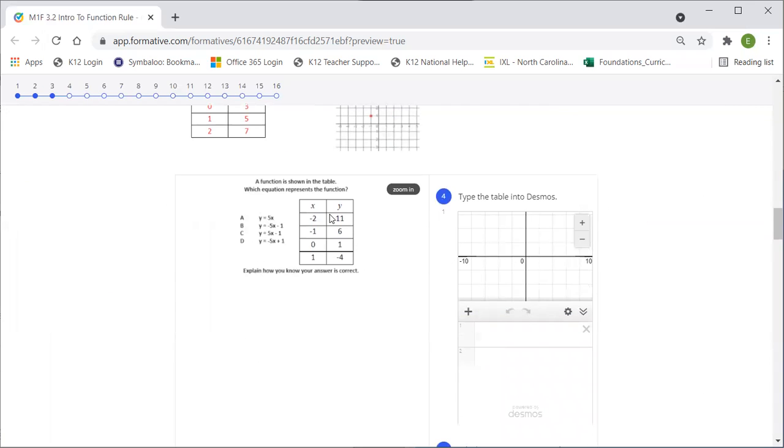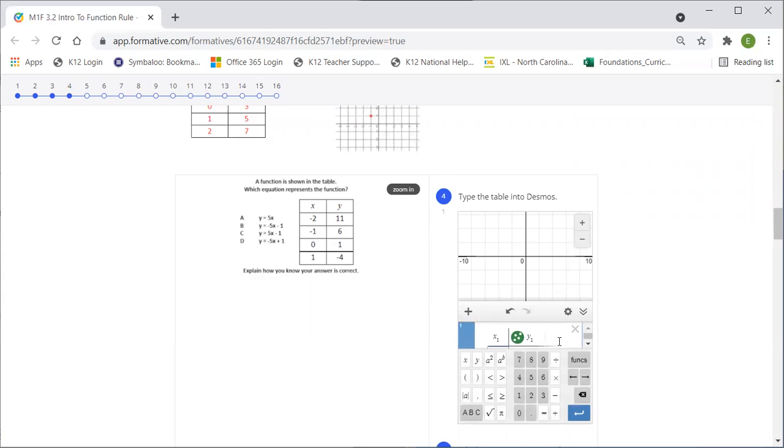The next one says a function is shown in a table, which equation represents the function. So we're looking at this table and trying to figure out which equation. What I want you guys to do first is graph or put them in a table. There's two ways you can do this. If you click add item, you can add a table.